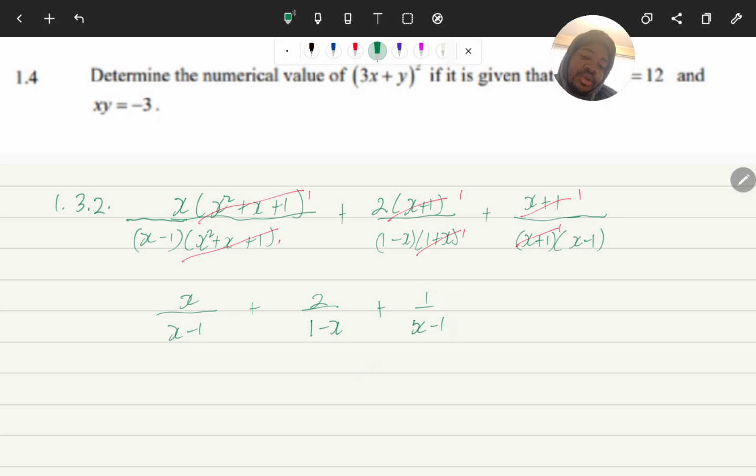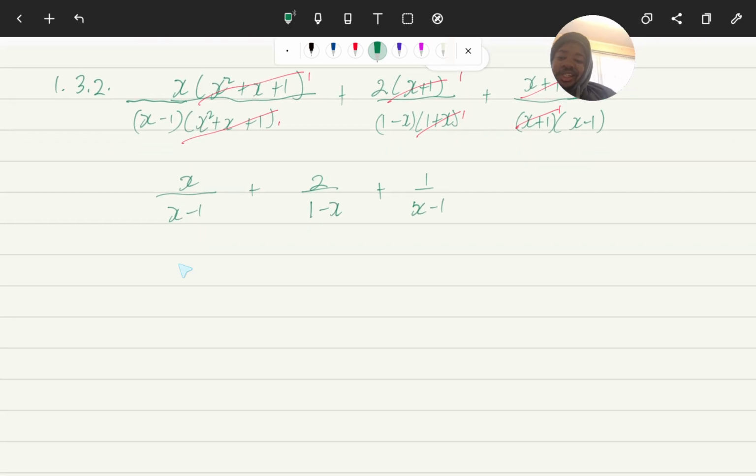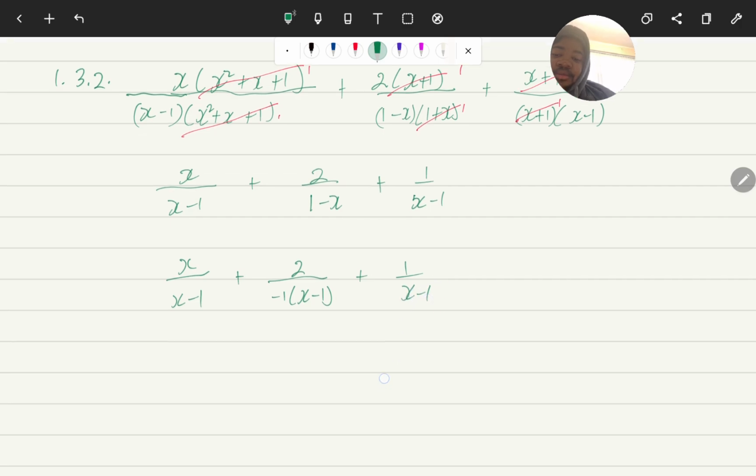So just want to make you aware that our denominators, they are the same. We will do just a slight change. So you have x over x minus 1, right? And then plus 2 over minus 1 times x minus 1, right? And then plus 1 over x minus 1, right?